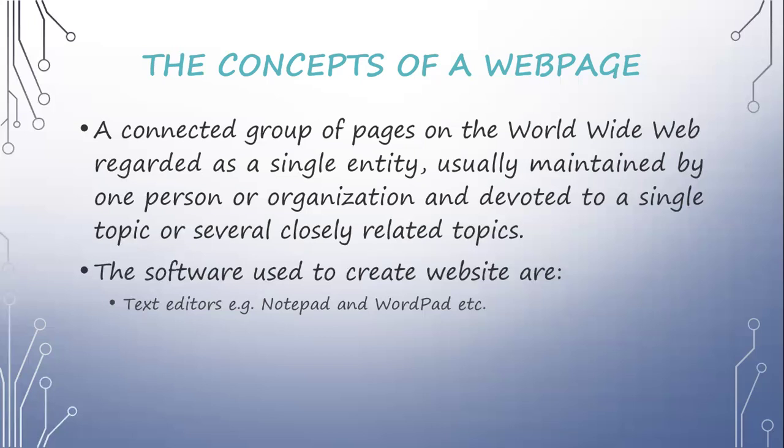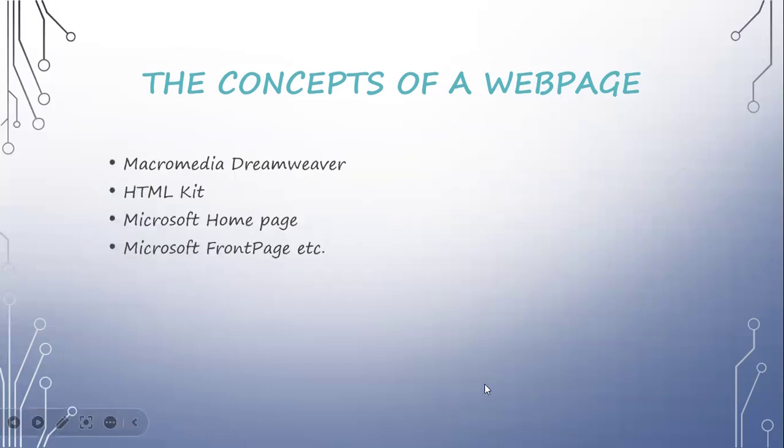Other kinds of software include Macromedia Dreamweaver, HTML Kit, Microsoft Web Page, Microsoft FrontPage, etc. These are just examples of software with which you can create a web page, and you can post it or link it to a certain server within the internet browser.